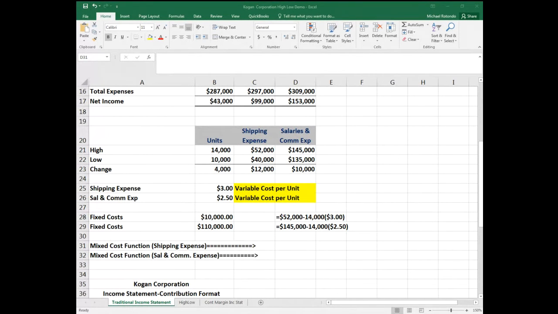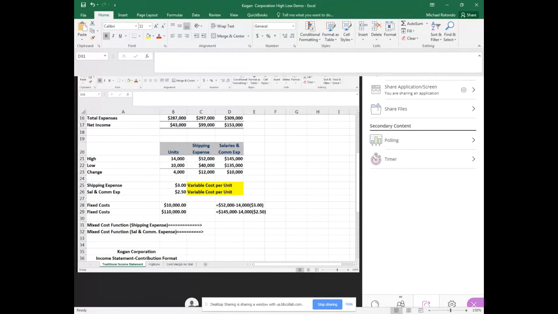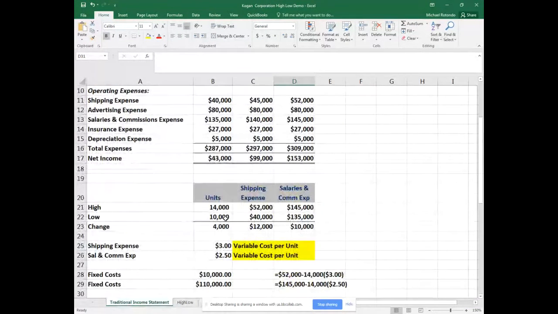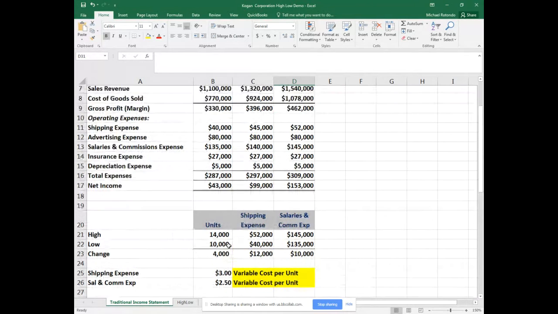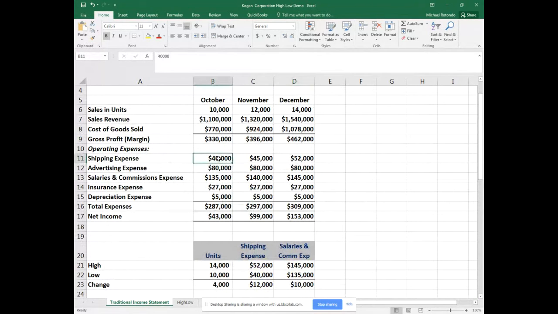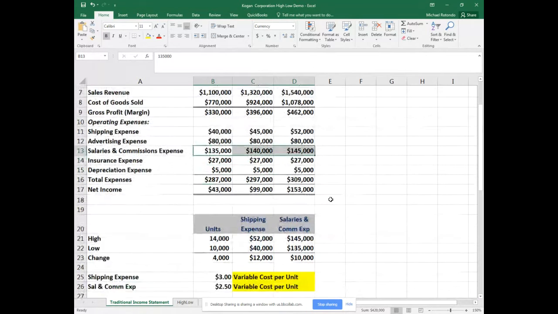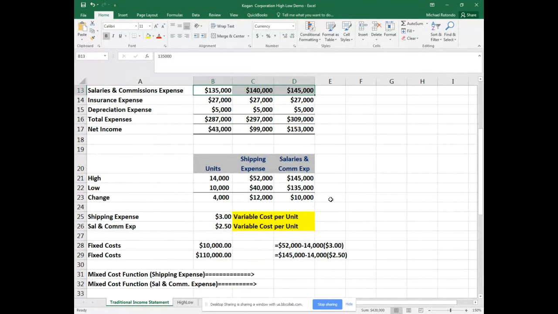Okay, so in the last video, we calculated our variable cost per unit for shipping expense and salary and commission expense, recognizing that they were our mixed costs and realizing that we had to separate fixed and variable costs.